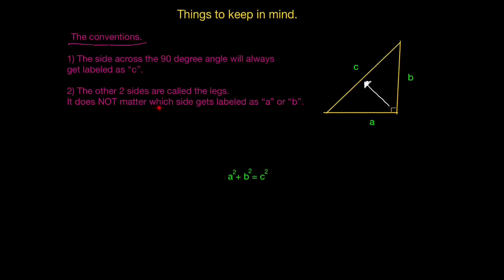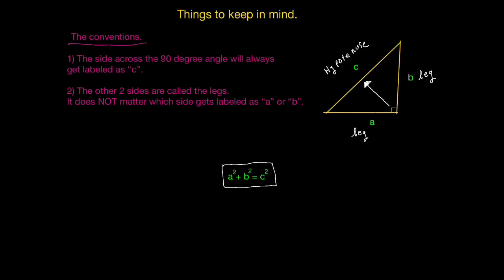It does not matter which one gets labeled as A, which one gets labeled as B. Now we have to follow these conventions if we want to properly execute this definition or this equation. All right, here we're under the assumption that we will always be labeling the hypotenuse as C. All right, now that that's out of the way, let's dig into the examples.